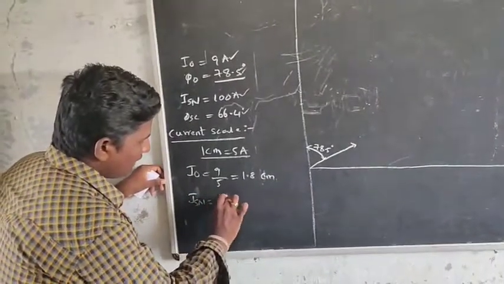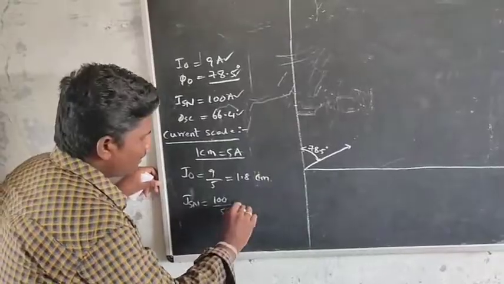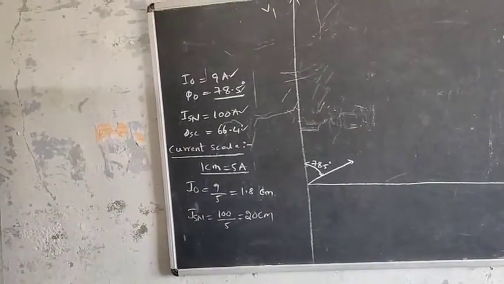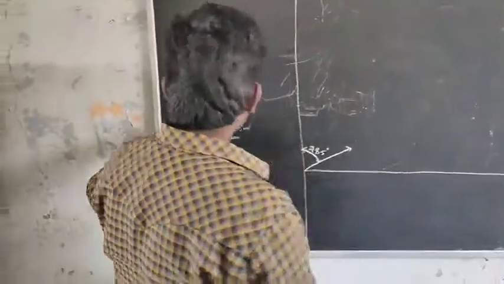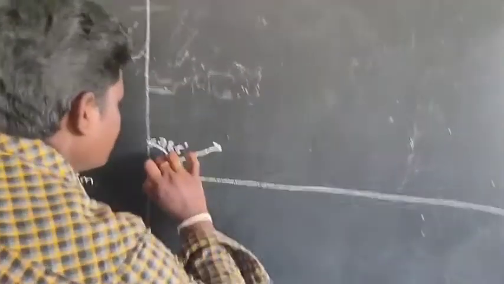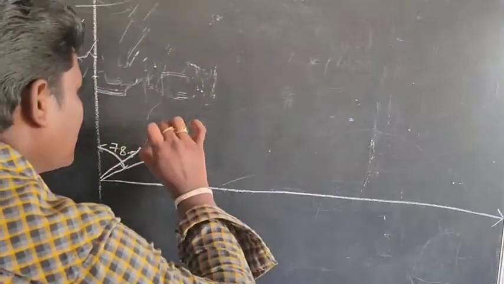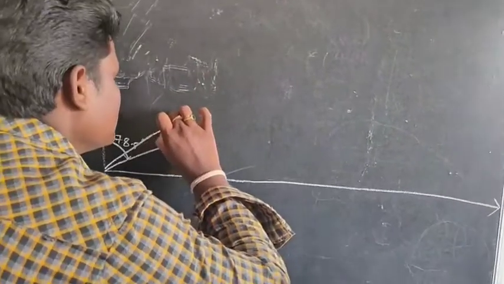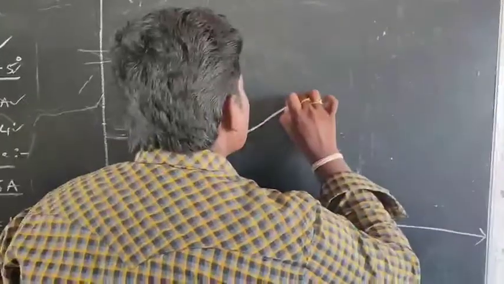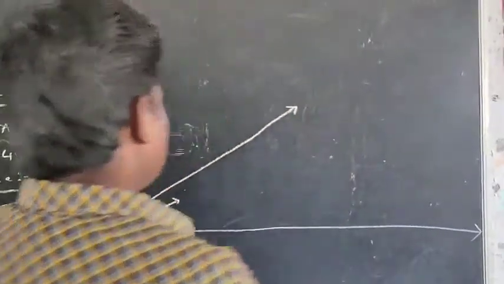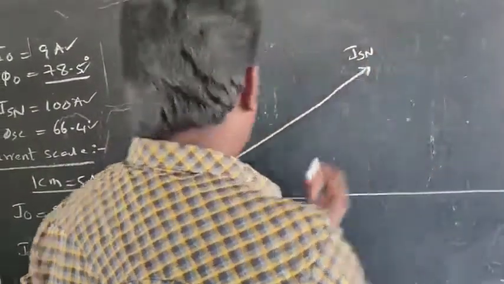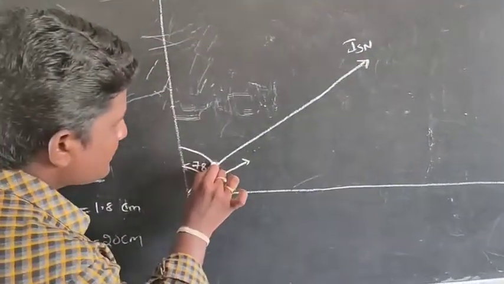Isn equals 100 divided by 5, equal to 20 centimeters, with an angle of 66.4 degrees. I have to draw this 20 centimeter Isn with an angle of 66.4 degrees.